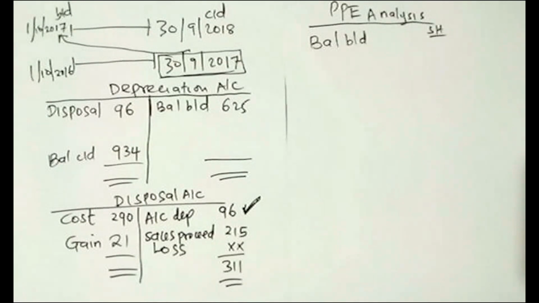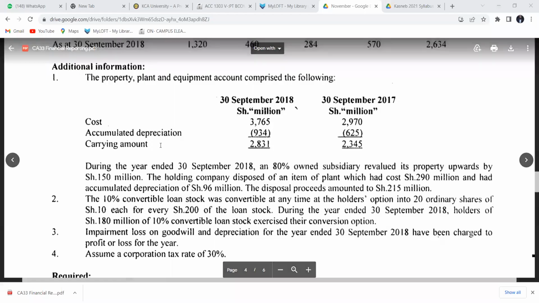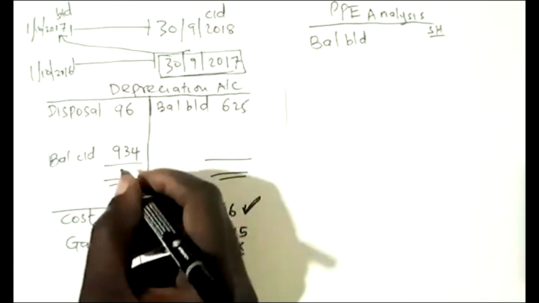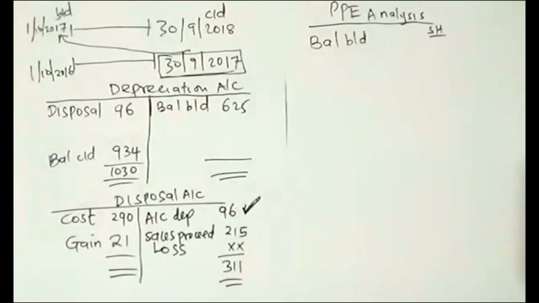I don't think there's another asset which was disposed other than the one we have. So my depreciation for the year: 934 plus 96, my debit side will be 1030, minus 625.